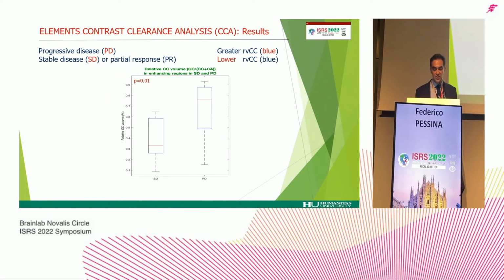In fact, progressive disease showed a greater blue image, a greater blue result in comparison with a patient in partial response with the presence of disease or in case of stable disease with a lower intensity of the blue.